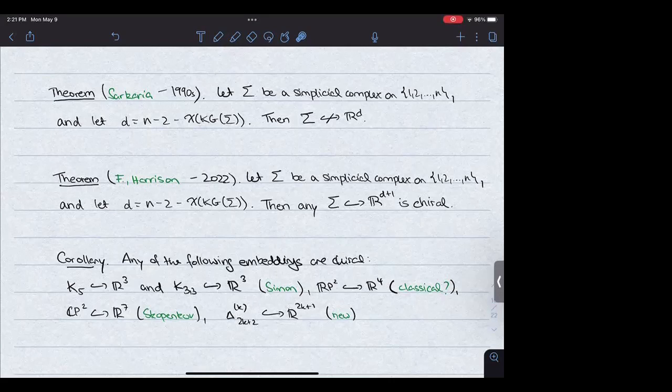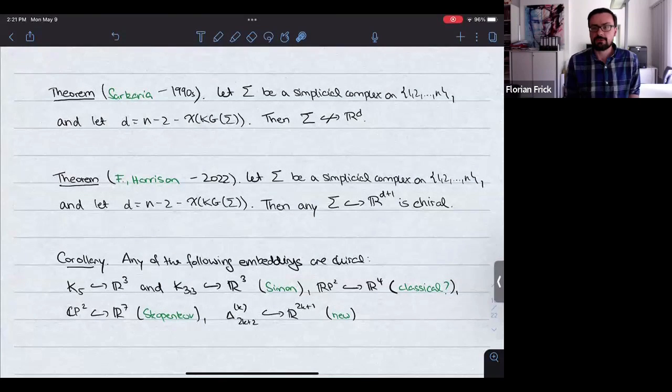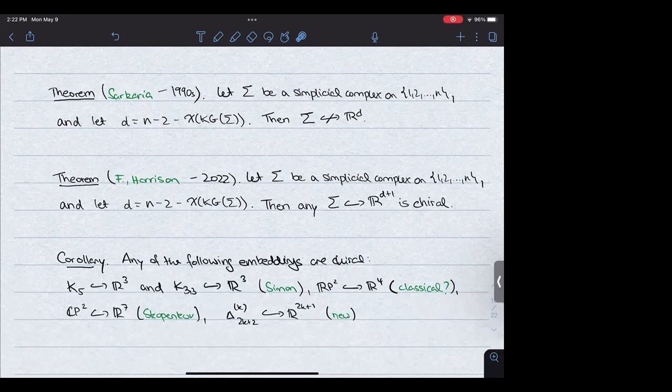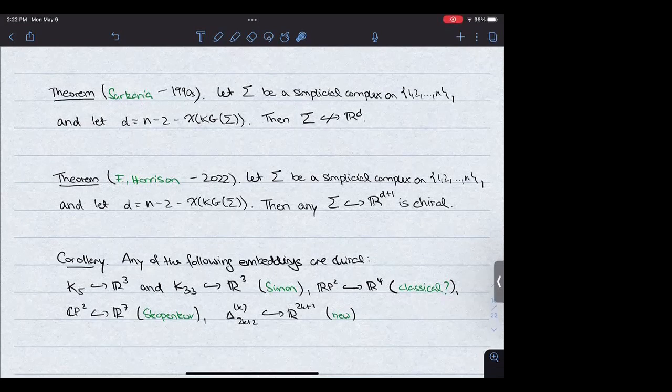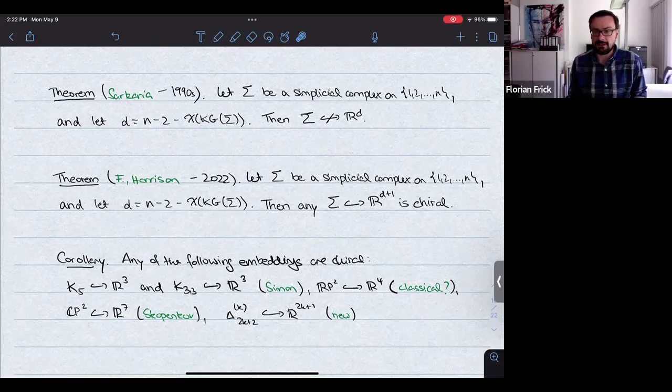Sorry, and for CP2, do you have to take the 9 vertex one? I'm not sure that you have to take it, but that certainly works because there's a 9 vertex triangulation of CP2 that has the same complementary property as the triangulation of RP2. That's a good comment, thank you. And then for the same reason, you get this chirality result.